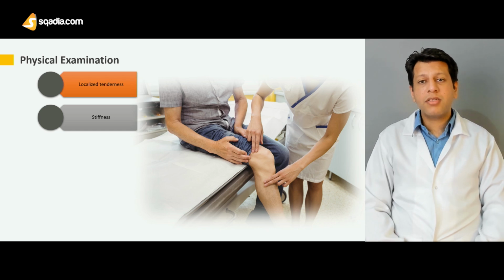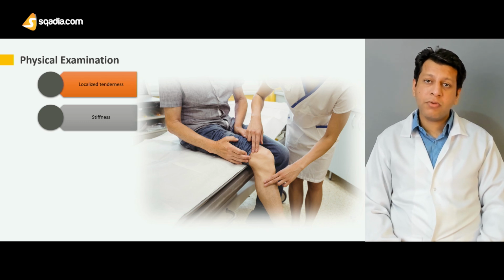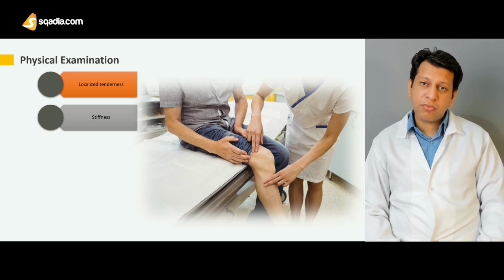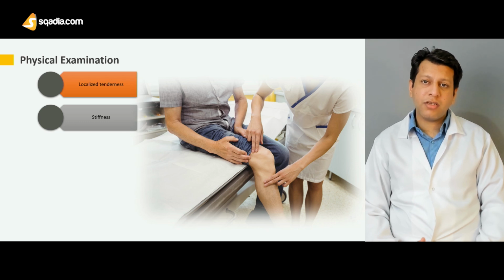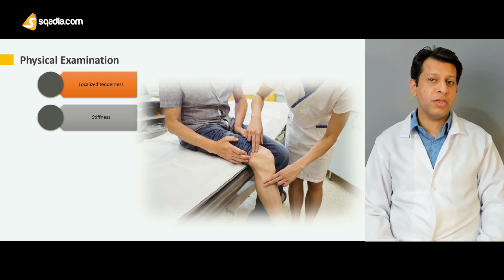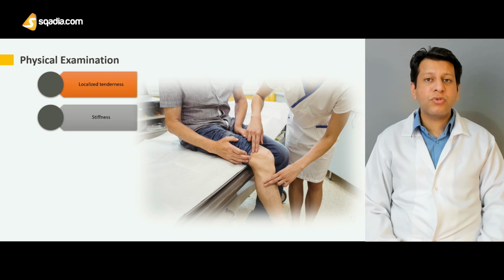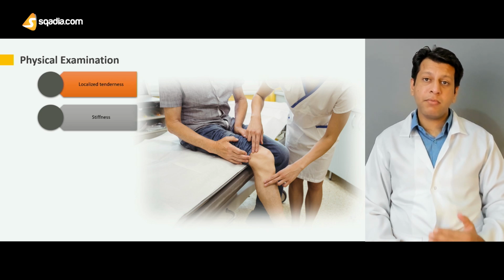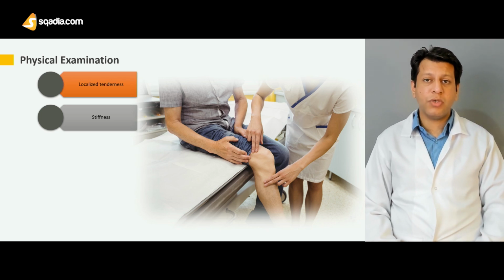When the mechanical symptoms are coming, this may lead to stiffness because usually the knee is swollen and there may be a problem for the patient to actually flex and extend the knee joint, and the arc of motion may be reduced slightly as well. So one has to inspect, palpate, and then eventually move the knee joint.